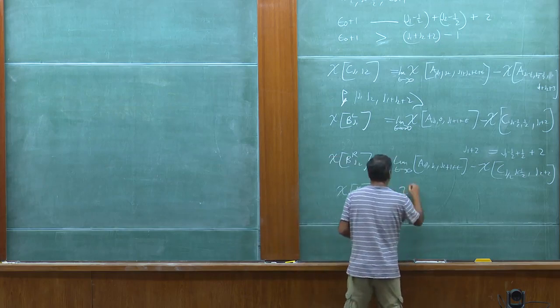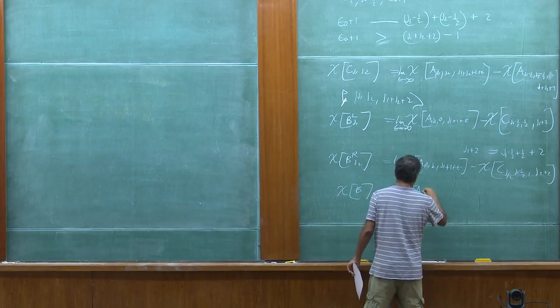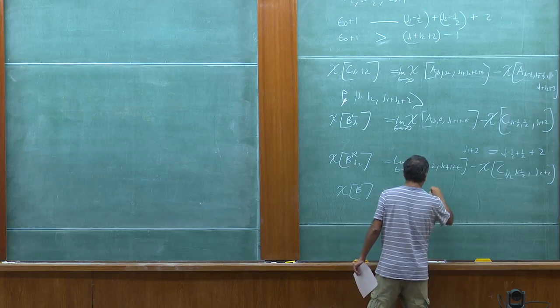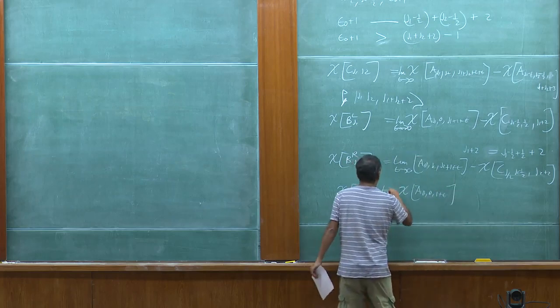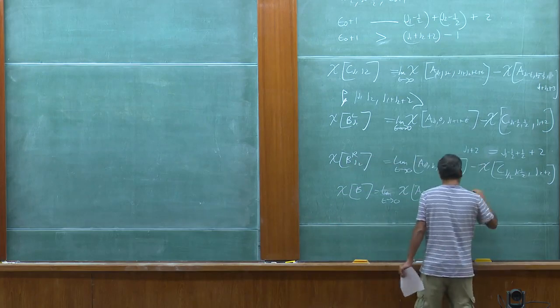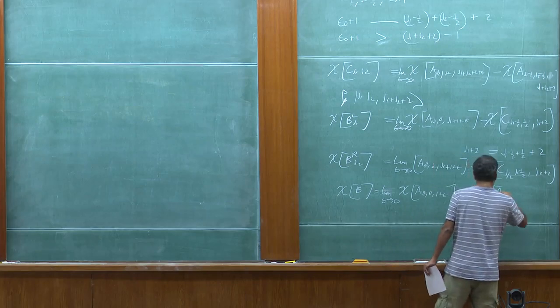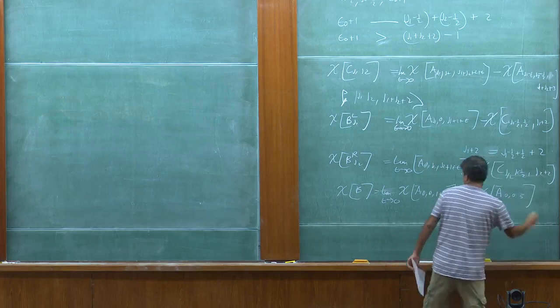It is equal to chi of A type J0, 0, 1 plus epsilon, limit epsilon goes to 0, minus chi of A0, 0, 3.